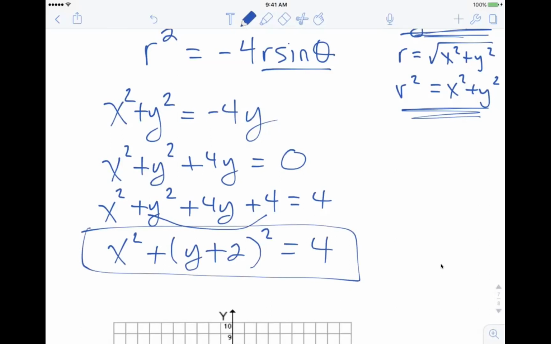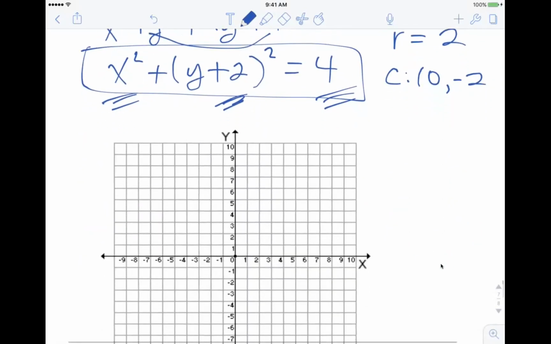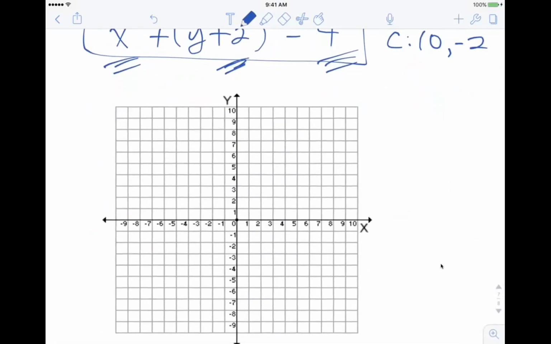It has a radius of 2, the square root of that number, and a center of 0, because there's no number being added or subtracted to the x, and negative 2, the opposite of that 2. So this would be center (0, -2), radius of 2. It'd go up to there, over there, there, and there. It'd be this little circle down here.